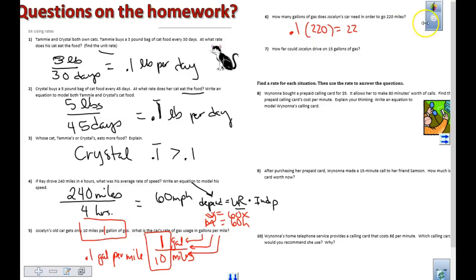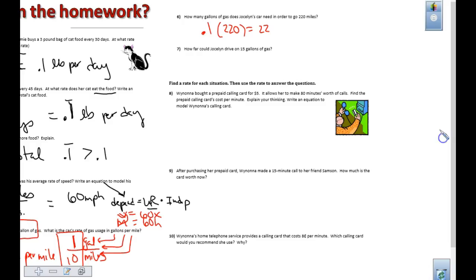How'd you do it, Sam? I did 220 divided by 10. Because we got 220 miles, and we know that we went 10 miles, okay? And so we could have divided it that way and got 22. Did anyone use a proportion?